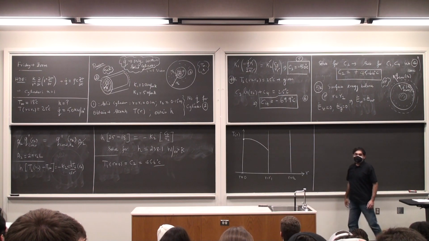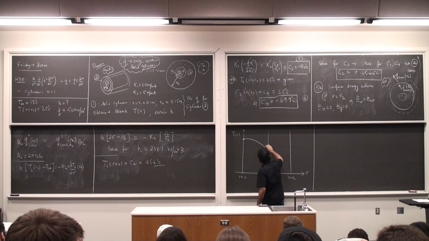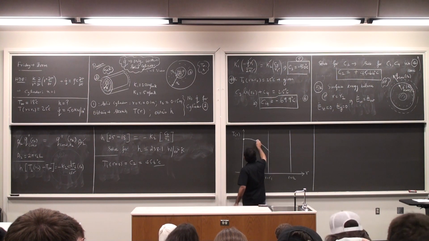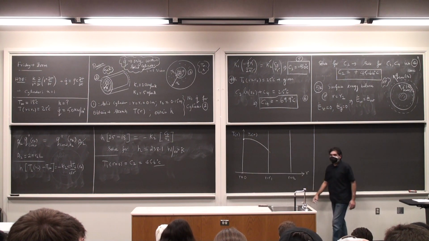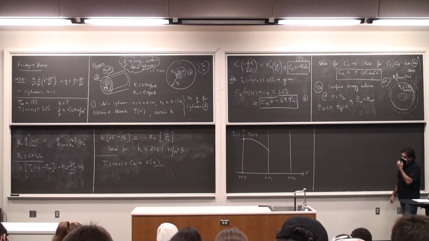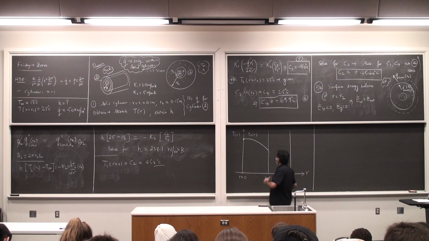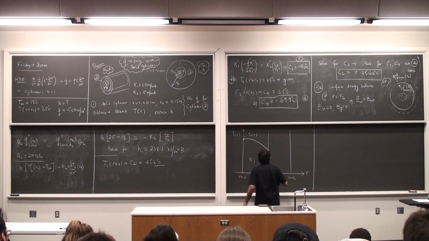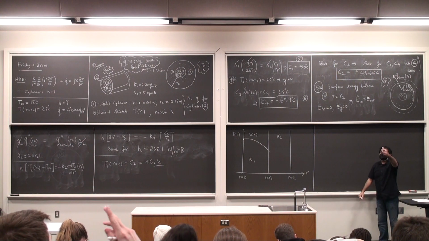Okay, so this is going to be my profile: 0 slope, negative slope here. So this is T1 as a function of R. How do I start off? This is for the material of thermal conductivity K1, and this is for the material of thermal conductivity K2.